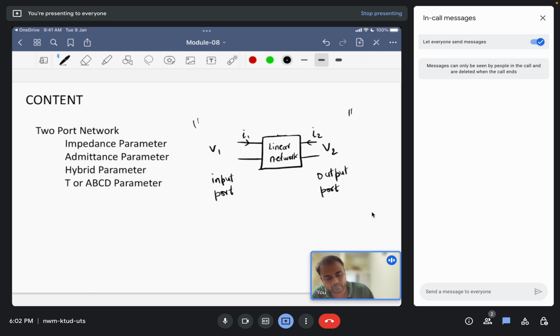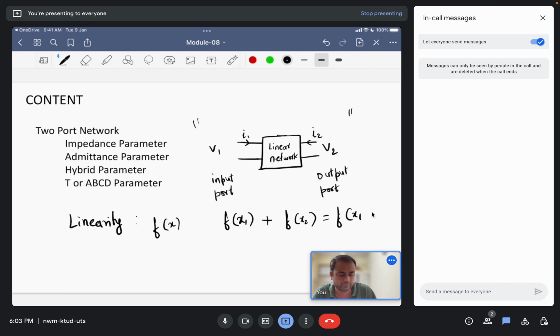The linearity property of a function is that, suppose there is a function f of x, and we give an input x1 and another input x2, then f of x1 plus f of x2 should be equal to f of x1 plus x2. So this basically gives us the linearity property.